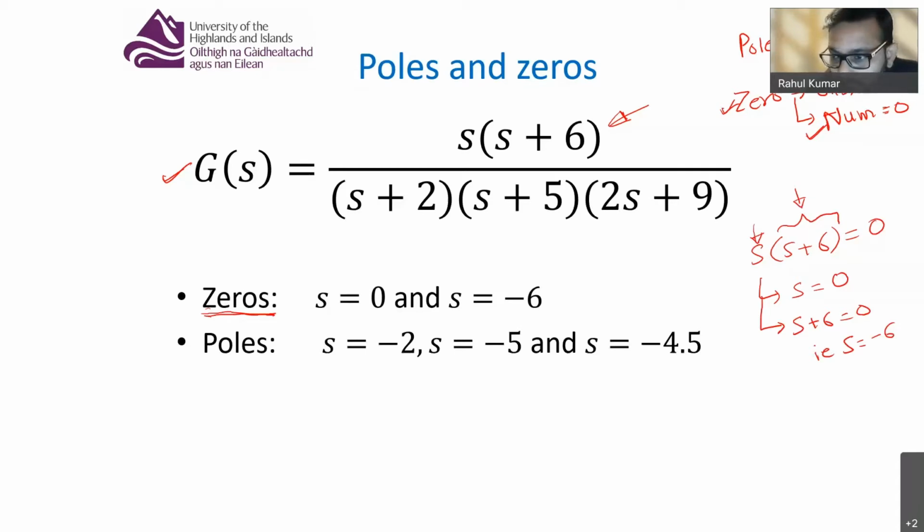Okay, so I will get two values here, right? So I have mentioned s equals 0 and s equals minus 6. These are the zeros of my system.